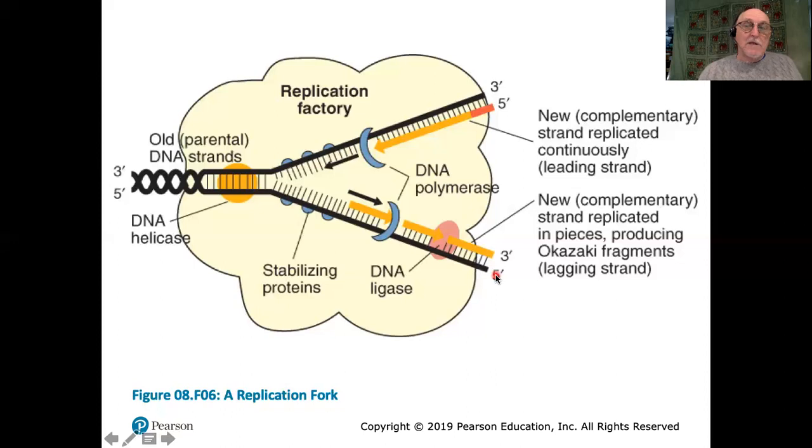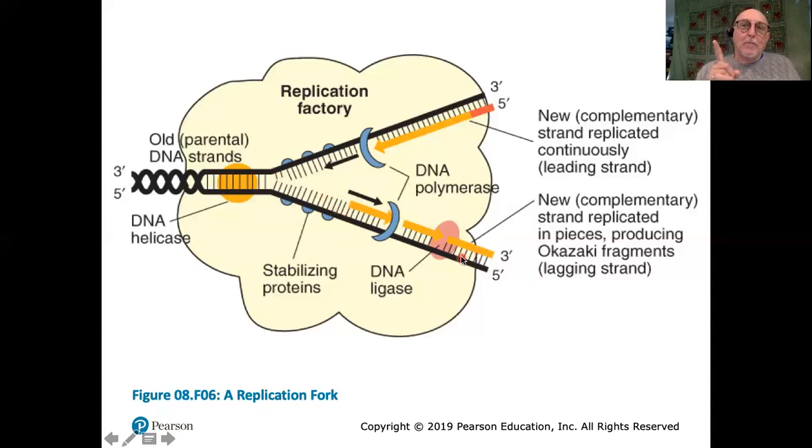Okay, so now what are we going to do? Because we always have to add on our new strand, we have to add in this direction, right? This strand, the leading strand, is fine. I'll add in that direction. This strand, the lagging strand, we have to build in the opposite direction.